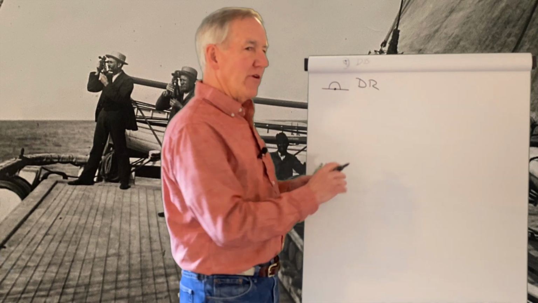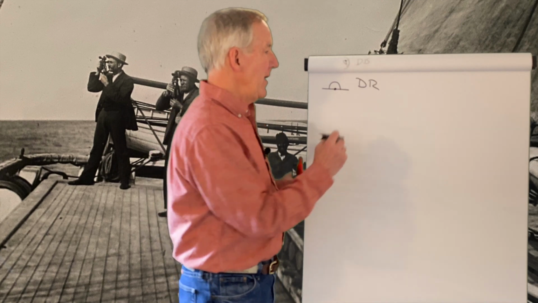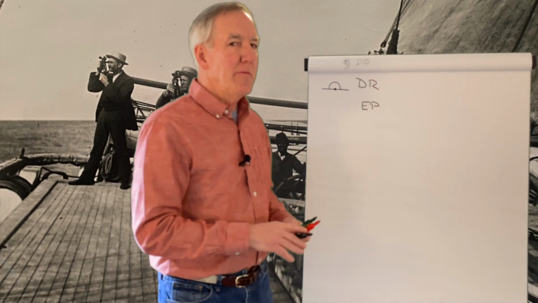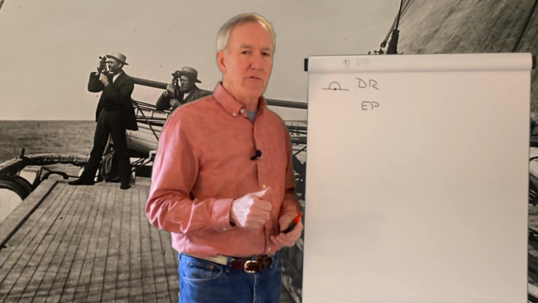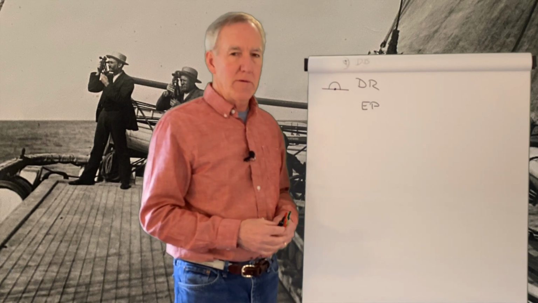The next position in this hierarchy is called an estimated position. Now, an estimated position takes the dead reckoning position and adds one or more pieces of information to it.